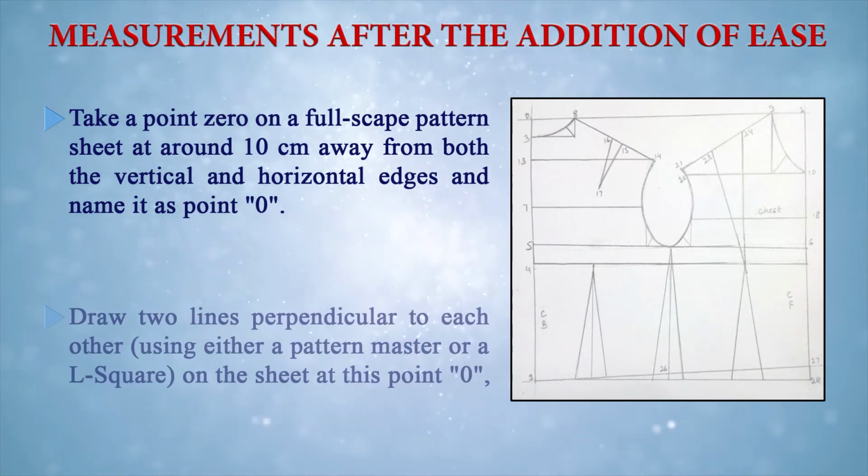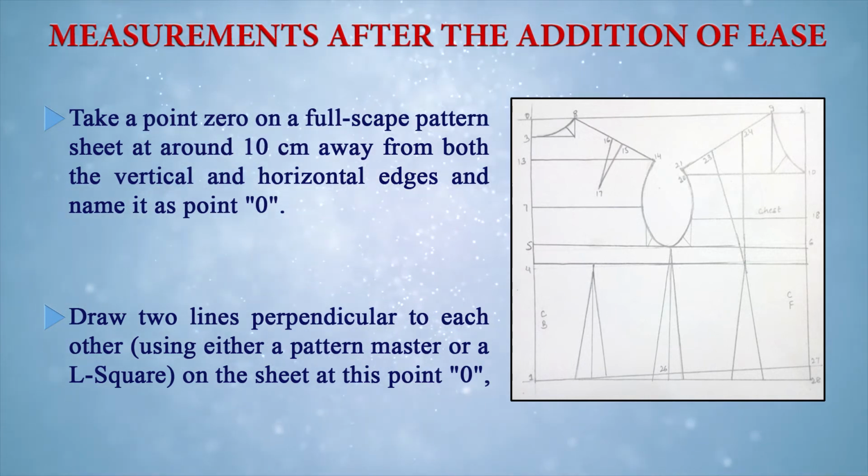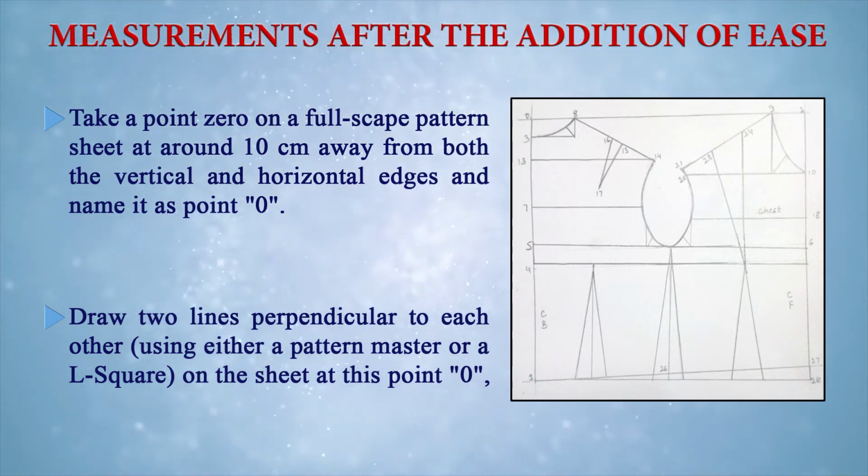Then you can draw two lines perpendicular to each other using either the pattern master or the L-square shape scale on the sheet at point 0. So this is the first thing you have to do.